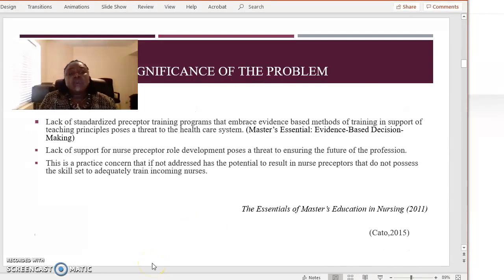In addition, there is a lack of standardized preceptor training programs that embrace evidence-based practice to support teaching principles. There is also a lack of support for nurse preceptors' role development, and that poses a great threat to our nursing profession. This is a practice concern that, if not addressed, has the potential to affect the training of oncoming nurses.